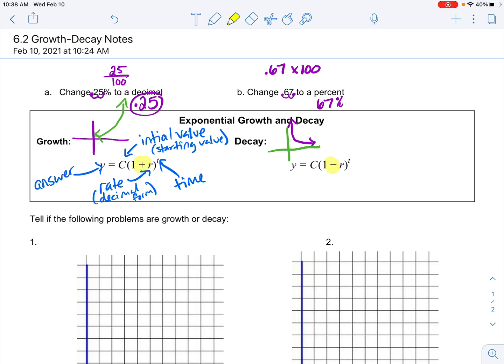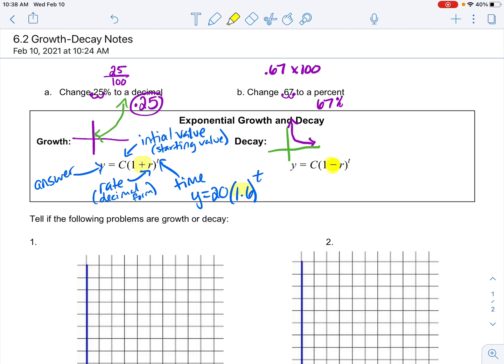The only difference, again, is it's subtracting instead of adding. So what does that mean? That means when I have an equation for growth, that number 1 plus R is going to be bigger than 1. So if I have an equation for growth, I would have Y equals some value times 1 point something to the T power.